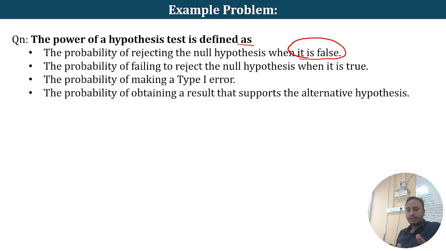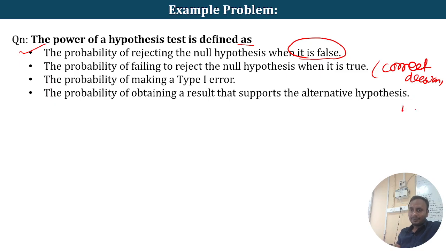Power gives the confidence that we are going to reject the null hypothesis when it is false. So that's the correct one. Probability of failing to reject the null hypothesis when it is true is a correct decision. It's not talking about the power.